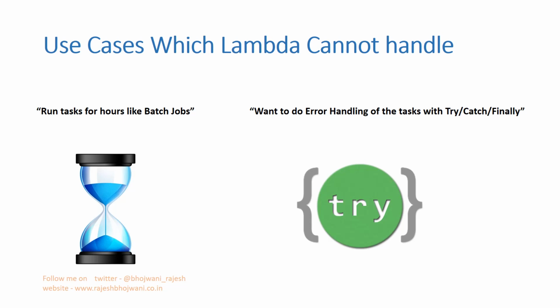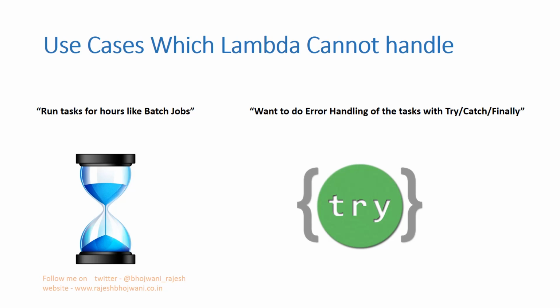So if you have a batch job which needs to run more than 15 minutes, then you cannot do well with Lambda. And the kind of data we have now in the system needs more and more execution time. So that is something we cannot do in Lambda because of the 15 minute limitation.